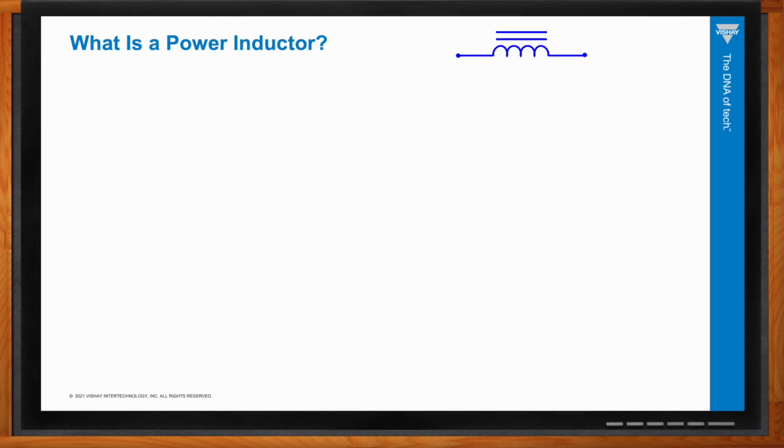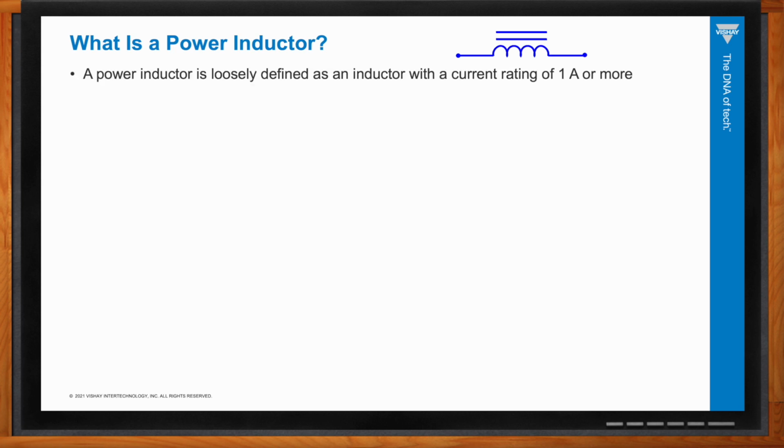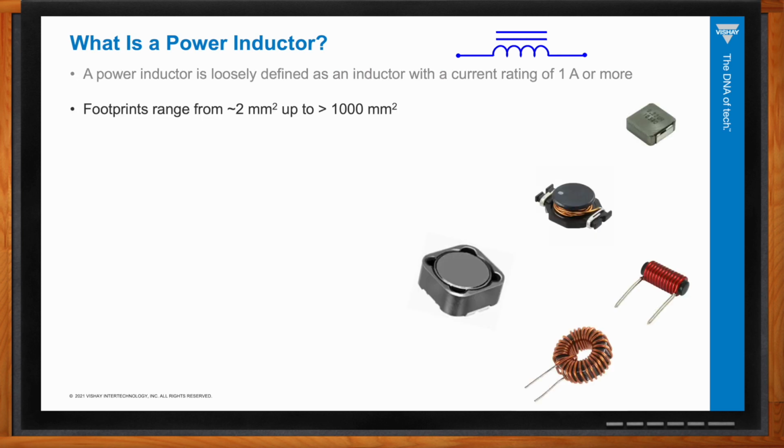First of all, a power inductor, at least from a Vishay point of view, is loosely defined as an inductor that has a current rating or a current handling capability of 1 amp or more. Typically, these products are going to have a footprint range of about 2 millimeters squared up to very large. So they can be 1,000 millimeters, and that may not even be enough for some of the newer, very high current.